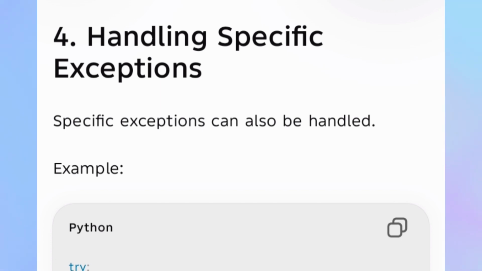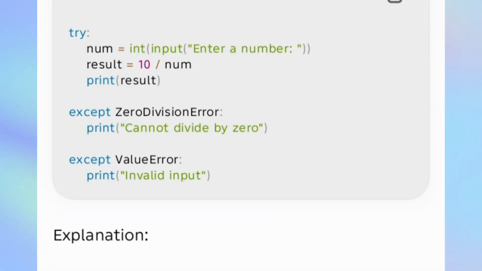Handling specific exceptions can also be done. Example, Python code: num equal to int of input of enter the number, result equal to 10 divided by num, print result, except zero division error, print cannot divide by 0, except value error, print invalid input.